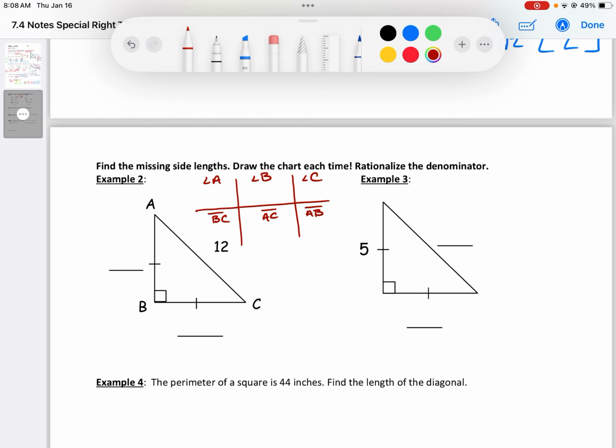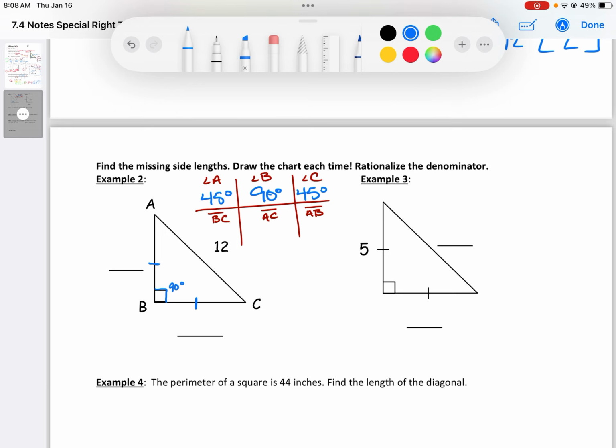Those are our sides. Looking at nothing except the markings on the picture, we know we have a 90-degree angle, and then we have two sides that match. And so this is an isosceles right triangle, or a 45, 45, 90 triangle.